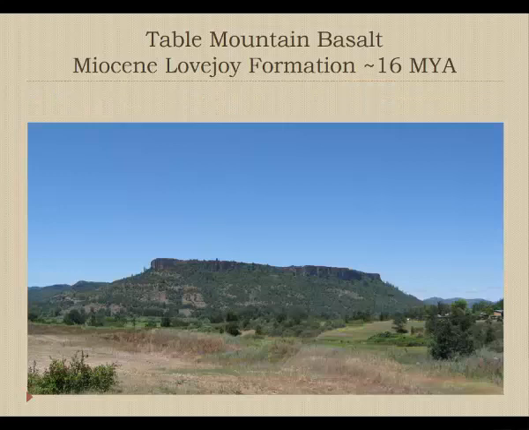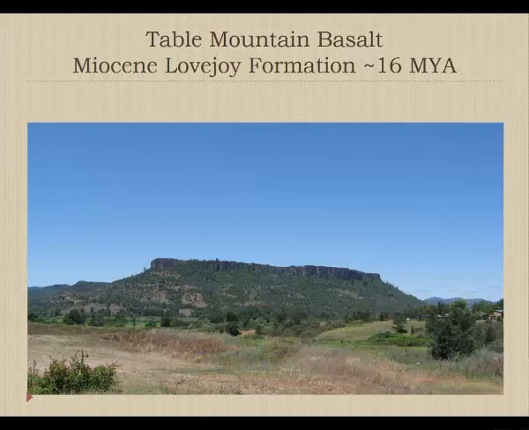Another, more local example of what can happen when we have these lava flows created from low viscosity material spewing out on the surface is Table Mountain. Many of you may have visited Table Mountain. It's down in the Oroville area near Chico, and it's this big flat basalt layer that was formed about 16 million years ago, associated with something called the Lovejoy Formation.